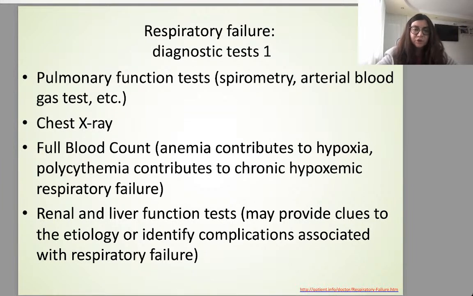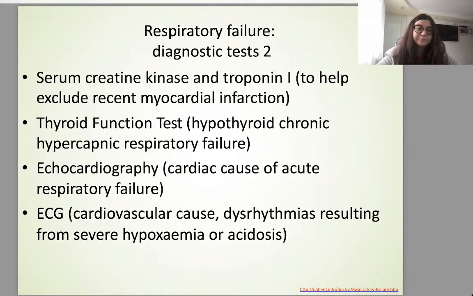Renal and liver function tests may provide clues to the etiology and identify complications associated with respiratory failure. Serum creatinine kinase and troponin I to help exclude recent myocardial infarction. Thyroid function tests for checking hypothyroid chronic hypercapnic respiratory failure.